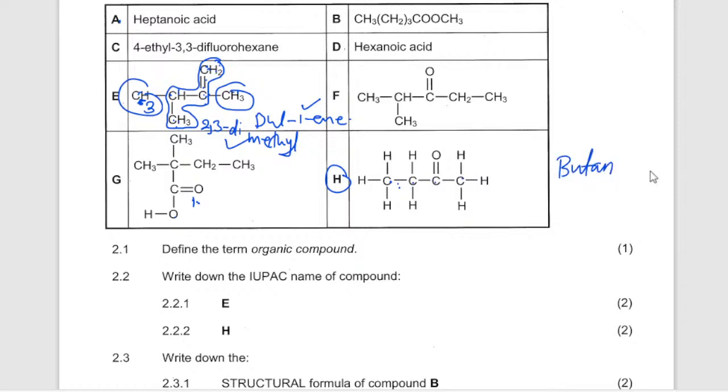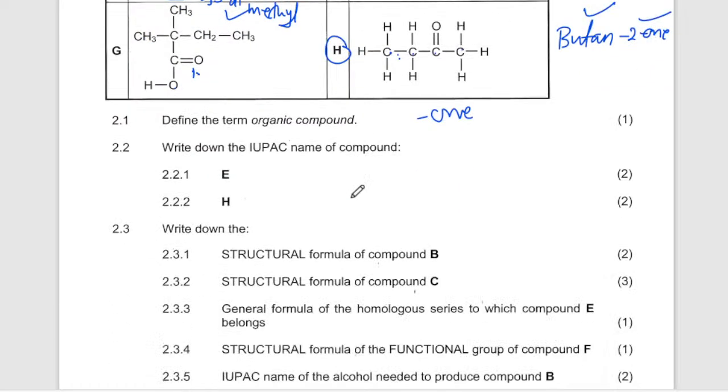Remember, I told you that if it's not an alkene, you write up to there. This is a ketone which ends with -one, so it's butan-2-one. So you get 2 marks for the chain and then the position.